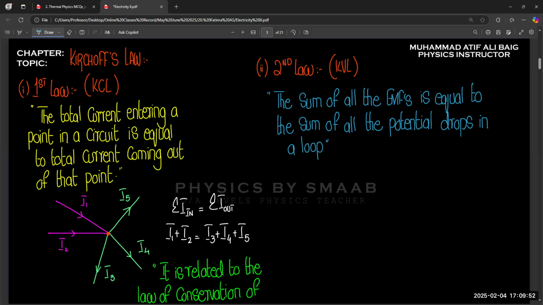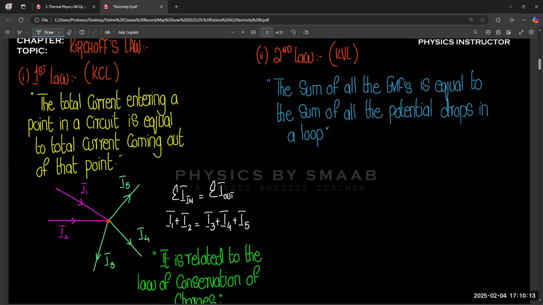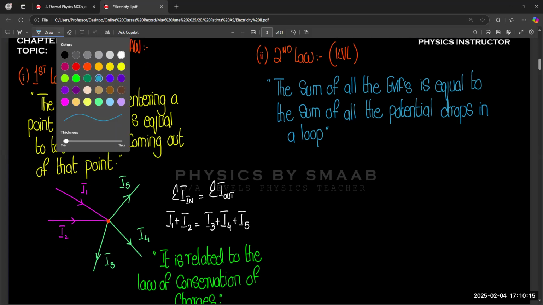Voltage is provided by the sources, and let's suppose we have two, three, four, or different types of sources available. With the help of those sources, we can easily identify the direction of flow of charges from those sources, and we can make a loop. For example, consider a diagram with three different sources.